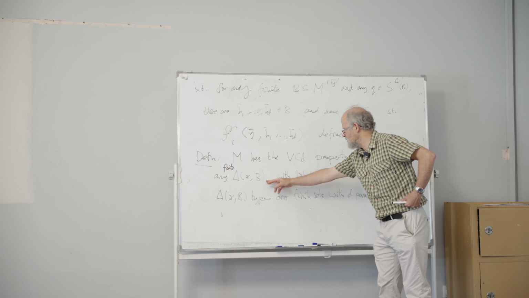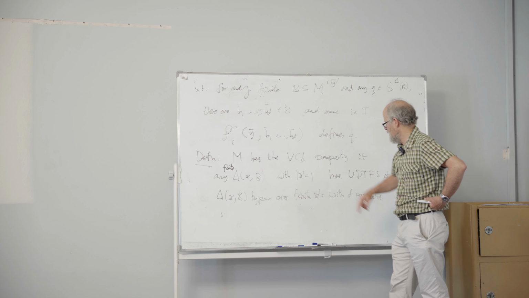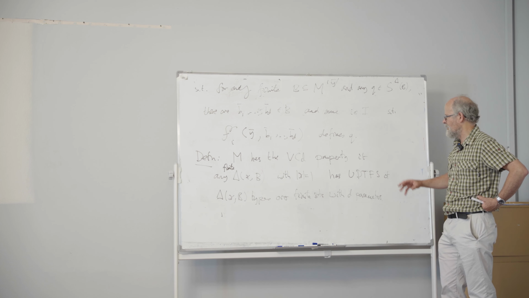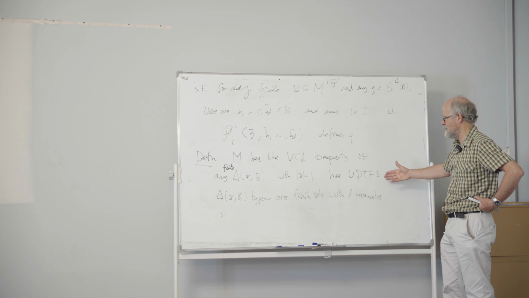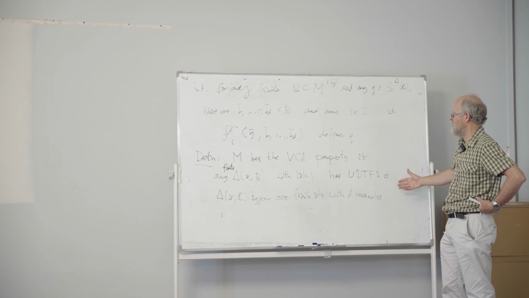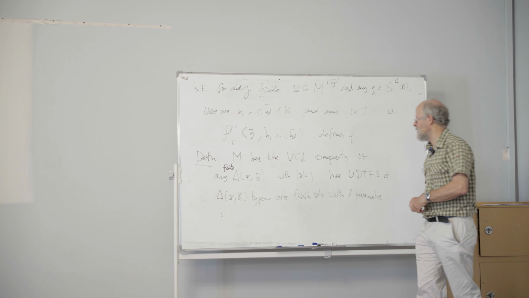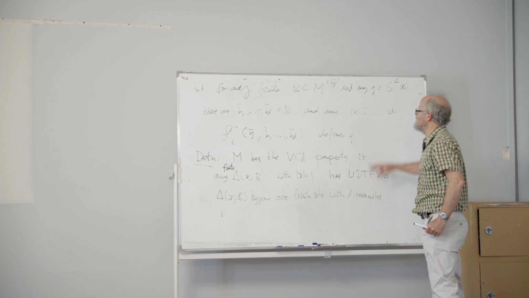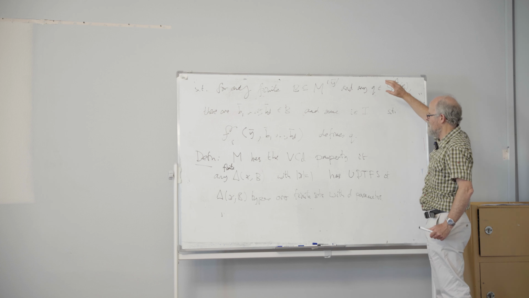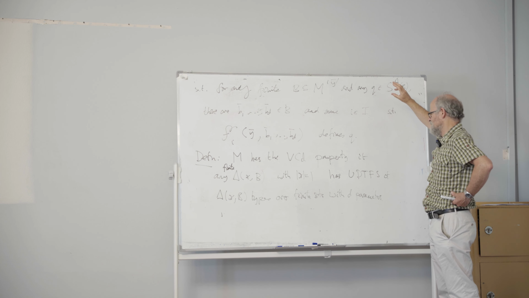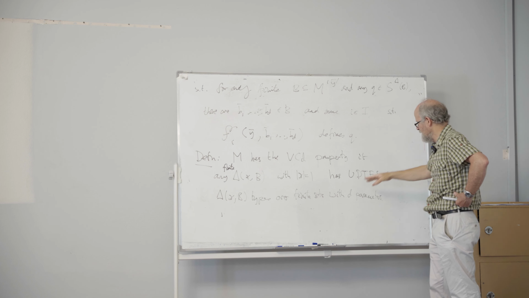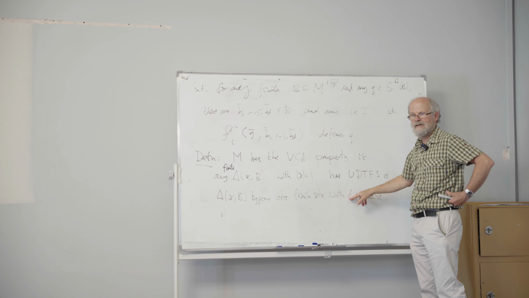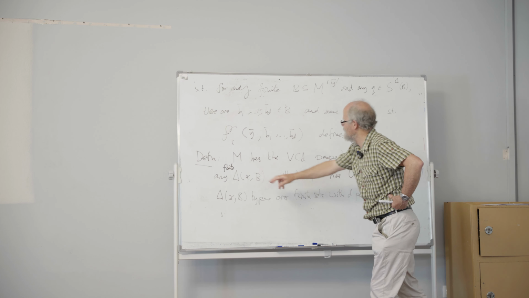For any finite delta where x is a single variable, then you have this uniform definability of types. So you have this condition. It's saying that you can always do it with d parameters if x is a single variable.